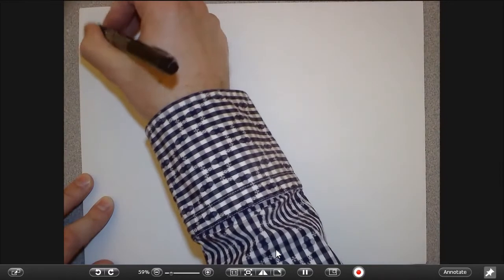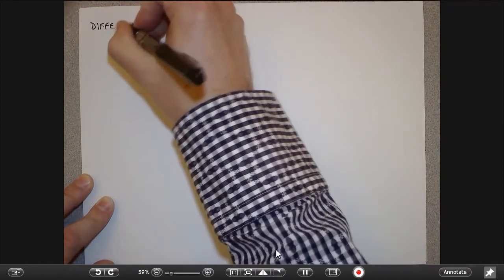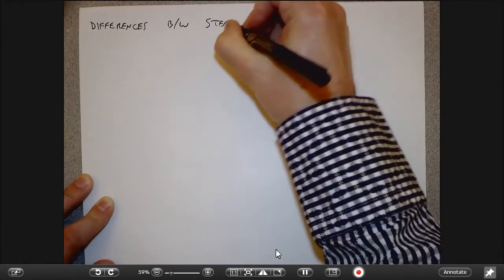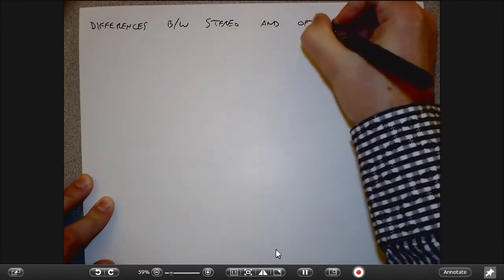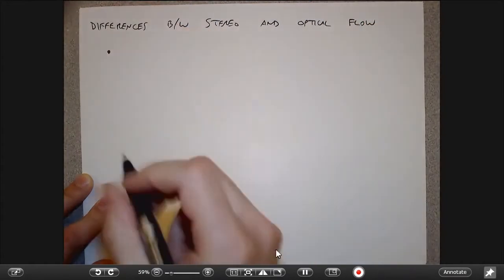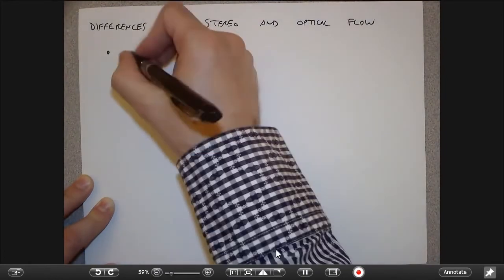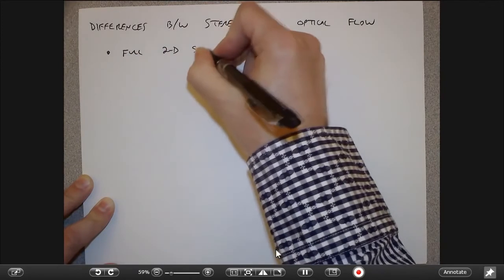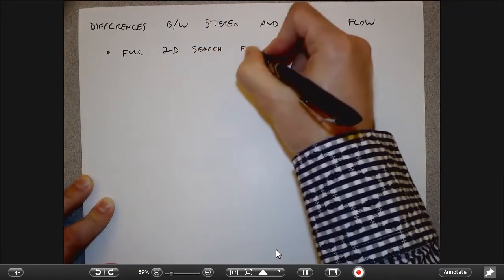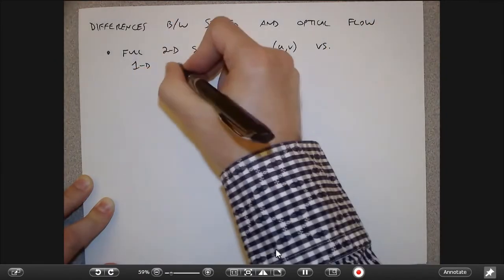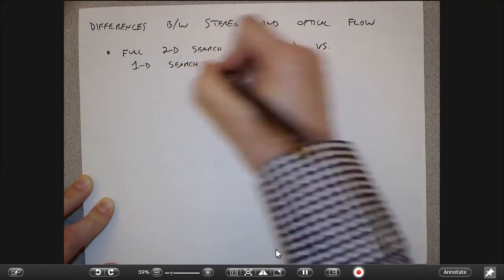So, the differences between stereo and optical flow. One is a full 2D search for u, v versus a 1D search for the disparity.